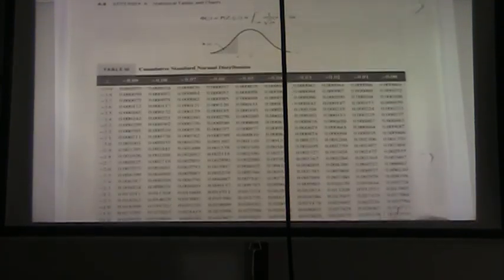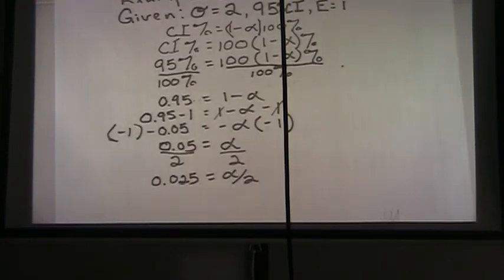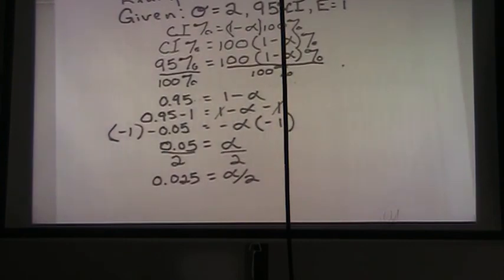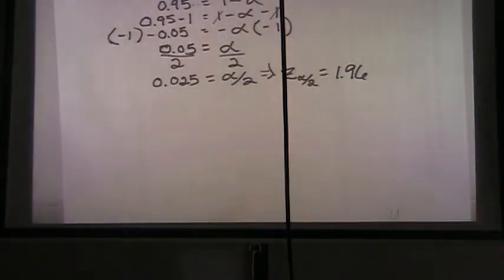All right, well, an exciting time was had by all. So, now, that implies Z alpha divided by 2 equals 1.96.